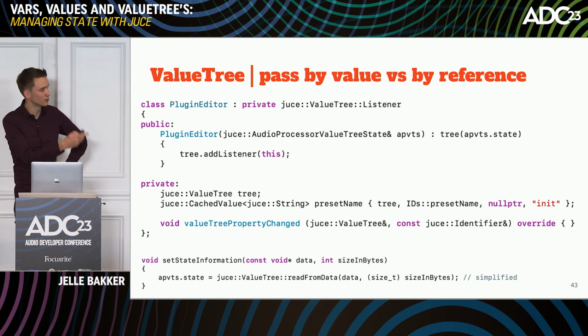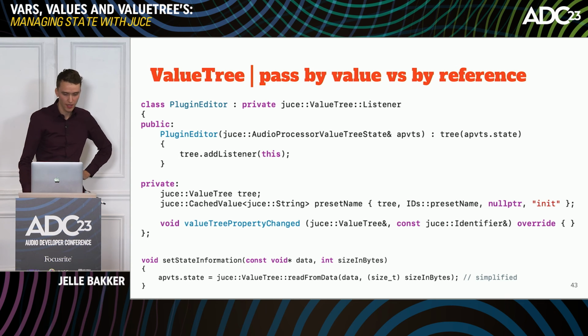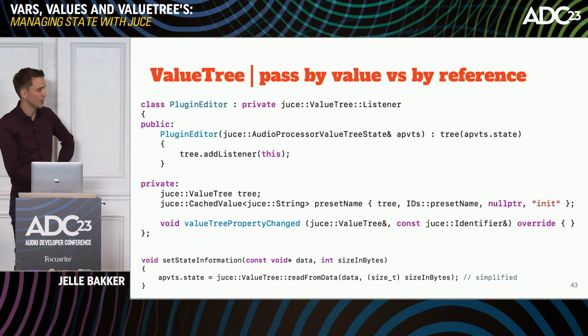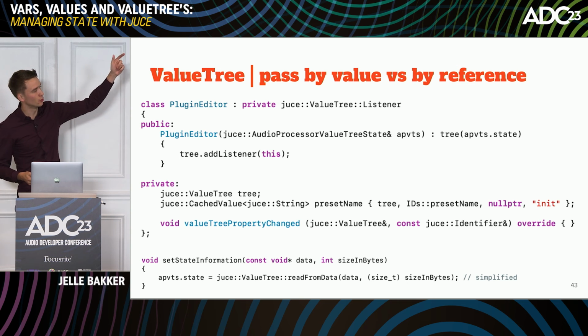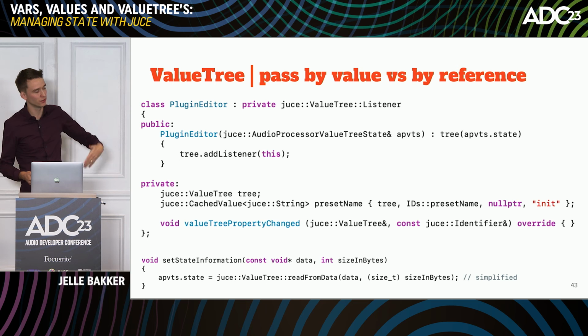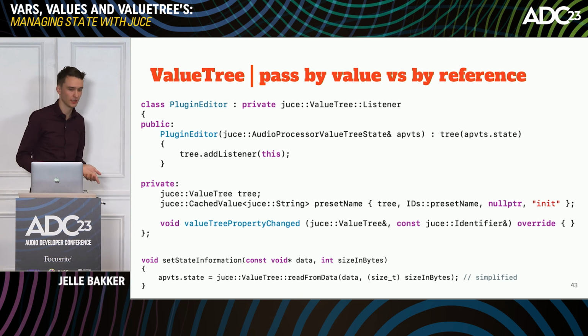But then at some point, your logic will send a new state to your plugin to update state, and then you assign a new value tree to your APVTS state. So you have this underlying tree that was there, and then you actually want to have a new tree assigned to your state. And the problem is that your original plugin editor is still using the old value tree, and it will not be using the new value tree until you tell it to.